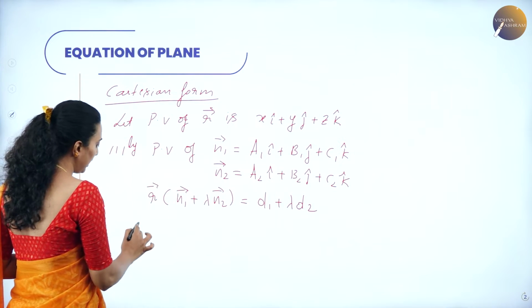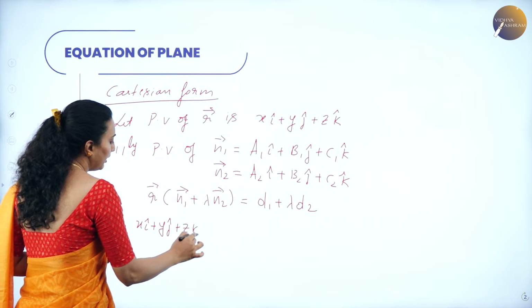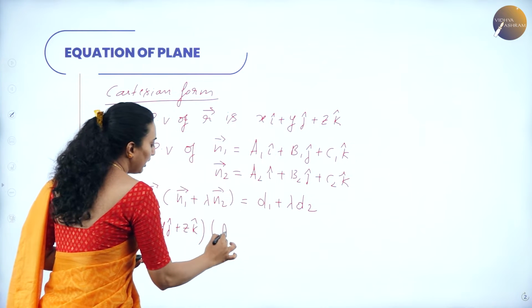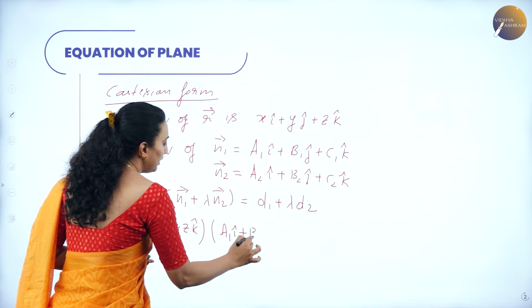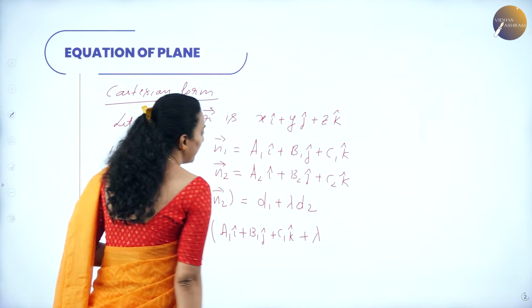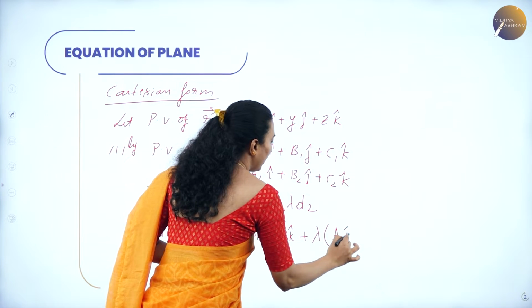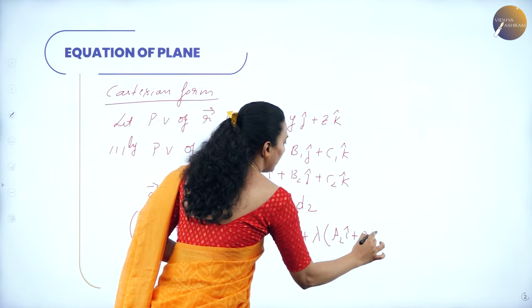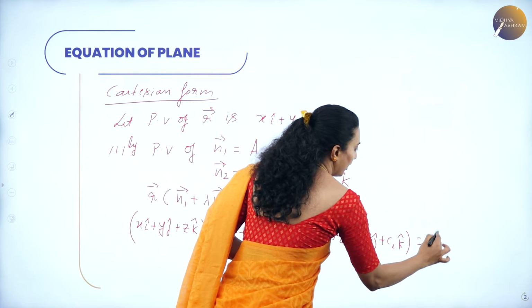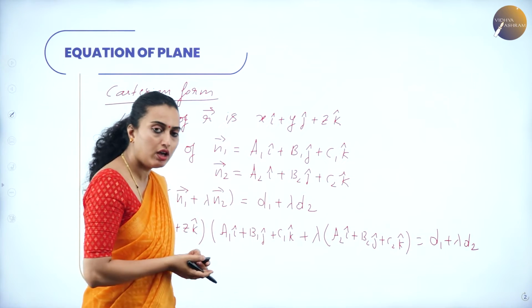So r vector is xi plus yj plus zk dot n1, which is a1i plus b1j plus c1k, plus lambda into n2 vector, given by a2i plus b2j plus c2k, is equal to d1 plus lambda into d2. This you have to remember.